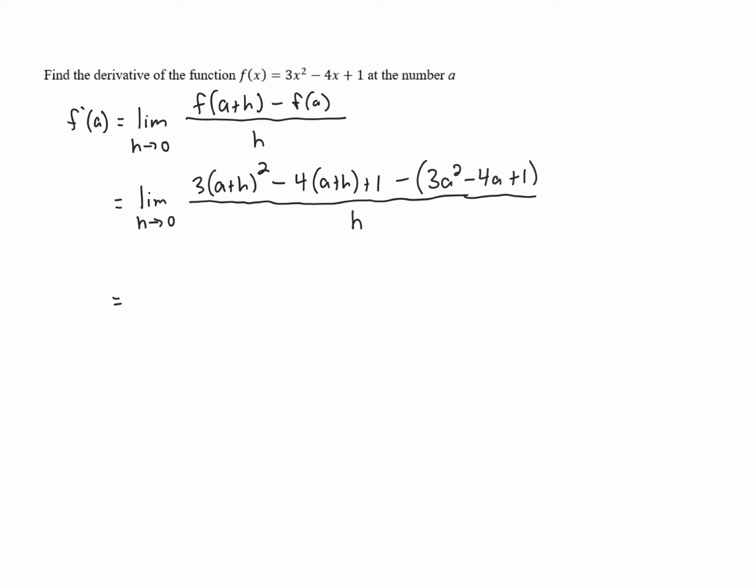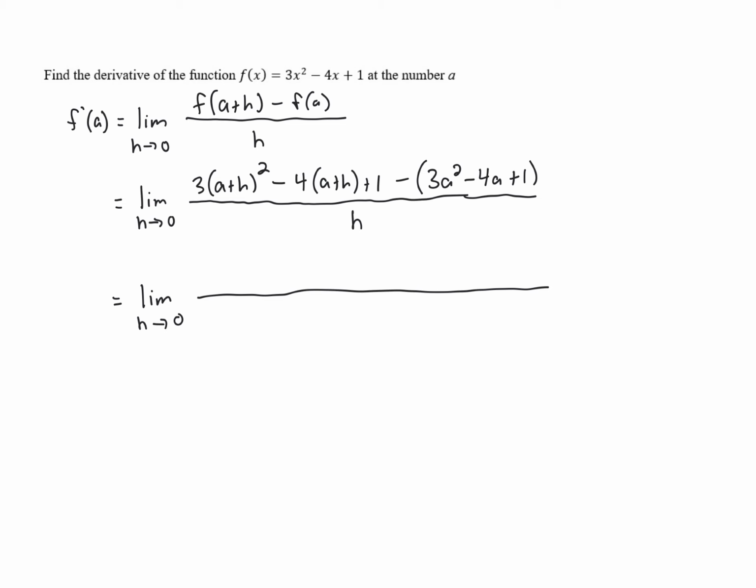And then we have to do a little bit of algebra gymnastics to expand all of this. I'm going to do a couple of steps at once. I'm going to expand a plus h squared as a squared plus 2ah plus h squared, but I'm going to multiply that 3 into it right away.